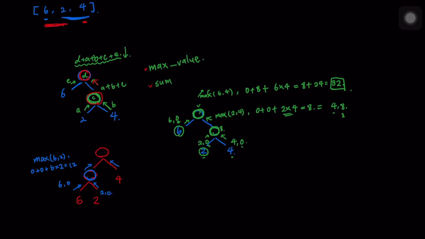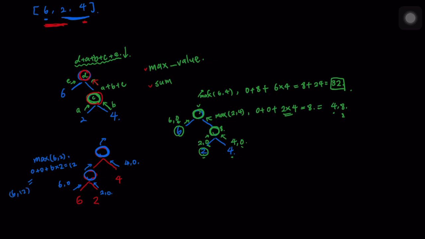And here we will return a 4 and 0. So what is the return value of this node? Okay, so let's finish this calculation. So the maximum of 6 and 2 is 6, and the sum is 12.